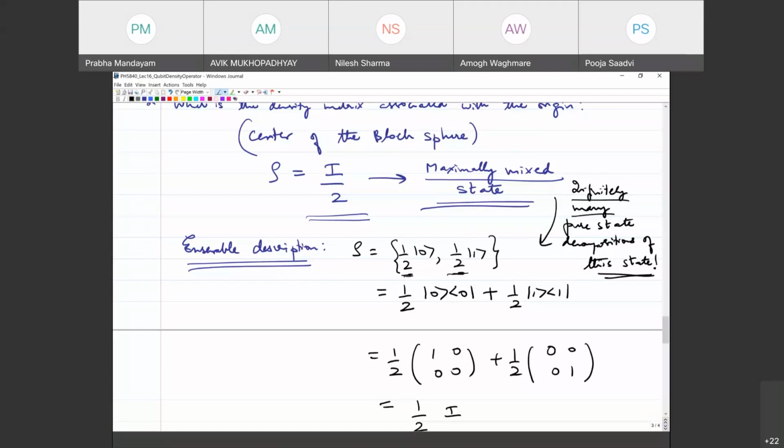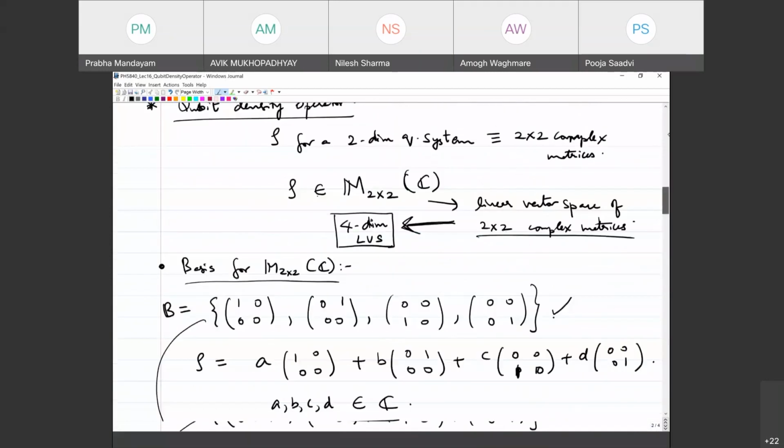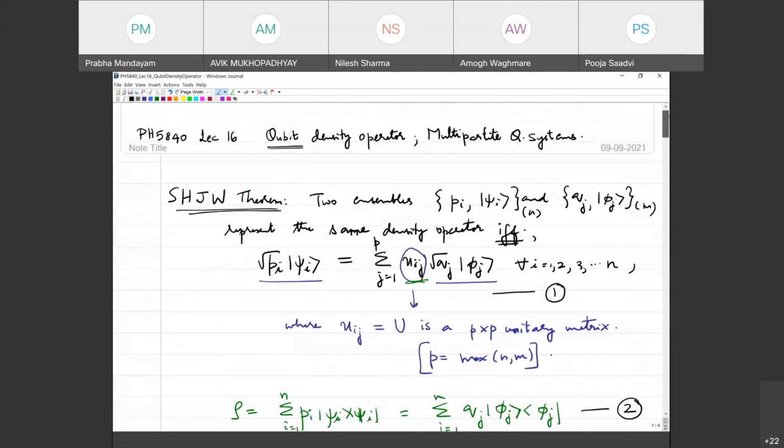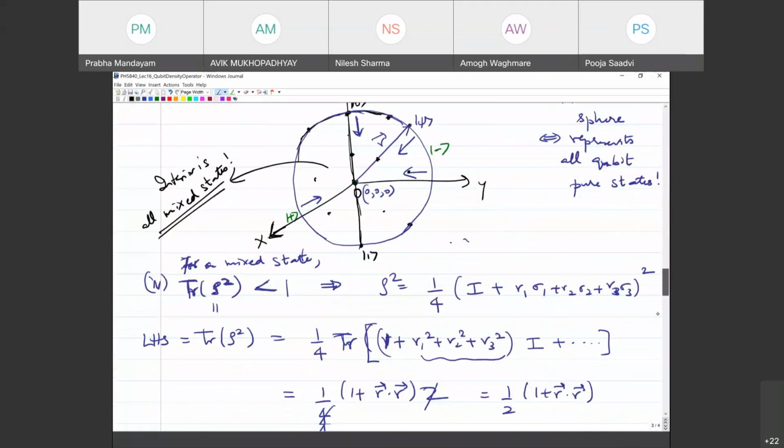But also, going back to the Schrodinger-Hughston-Jozsa-Wootters theorem, this is the state which has all possible ensemble descriptions. It has infinitely many ensemble decompositions in terms of this theorem. You will see this play out very crucially in what we're going to discuss next, which is quantum entanglement.